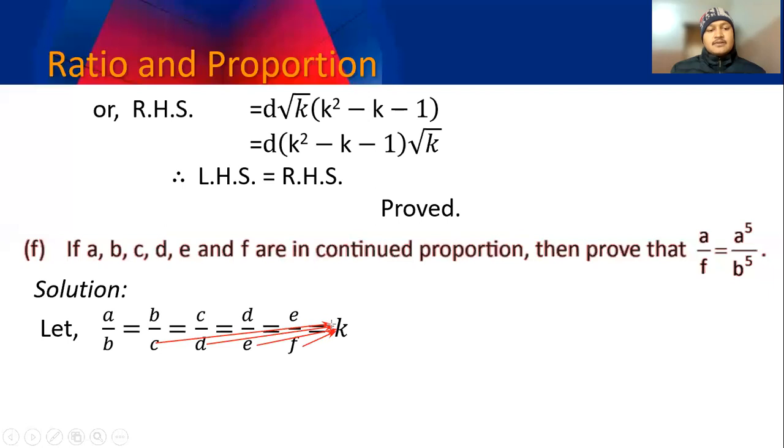Again we substitute the value of C, and value of A is Bk. Again we have to substitute the value of B. Then we will get the values of A, B, C, D, and E, and we have to substitute the values of A and B in the solution.